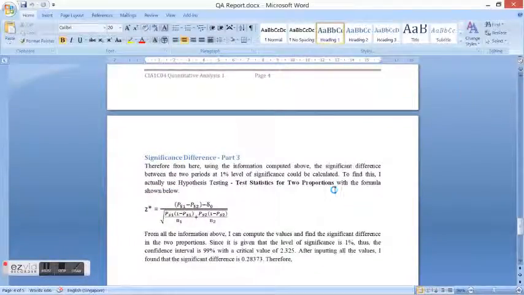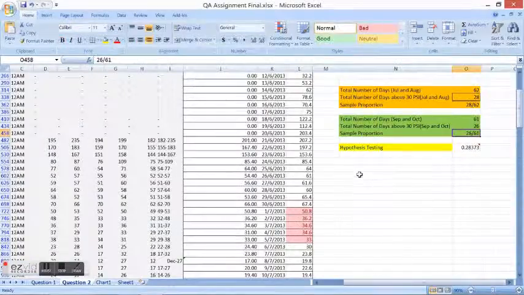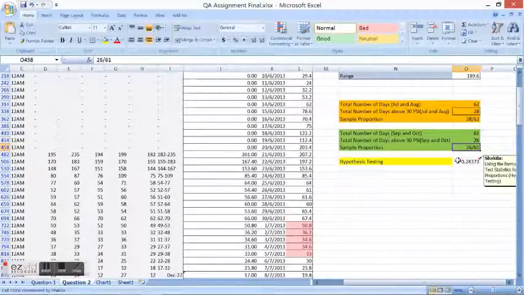For the very last part, this is my report, and because we have a 1% level of significance, if I look at my Excel to find hypothesis testing, I use the formula given to us, and this is what I get.